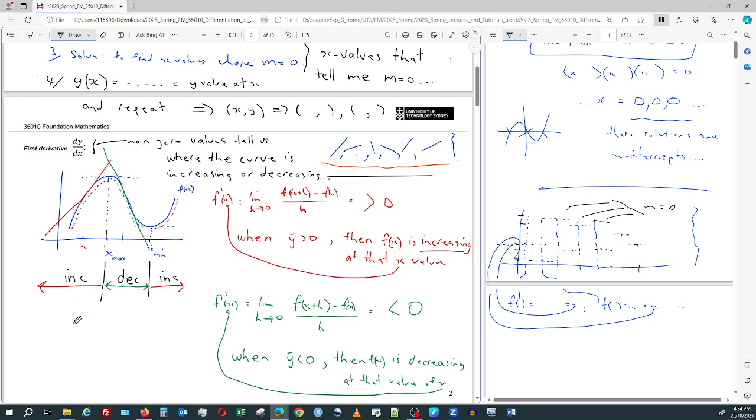So these are our formal ideas here. We can mark the values and find them, and then we can put together an interval where the curve is decreasing and where it is increasing.